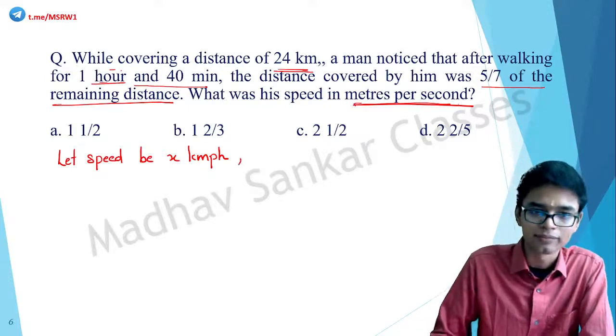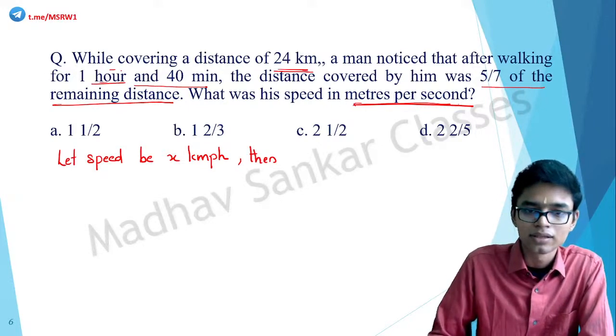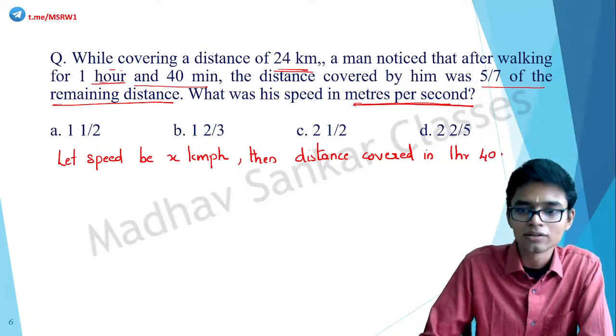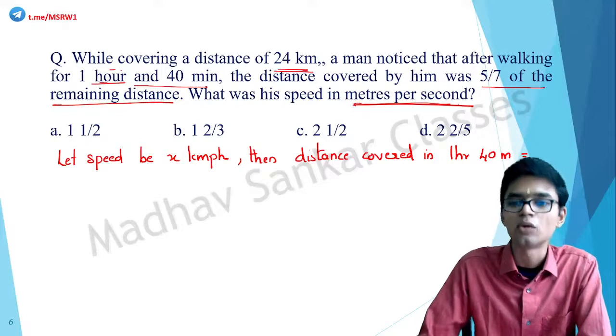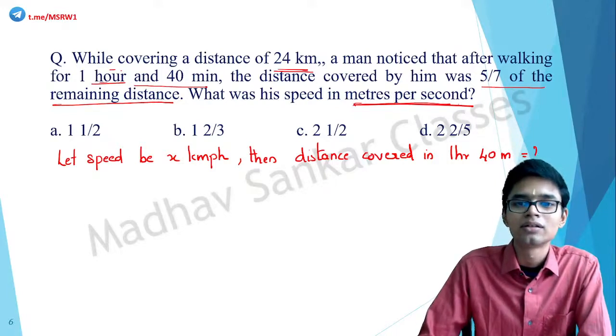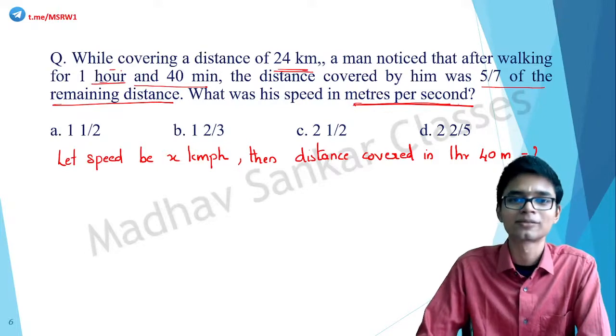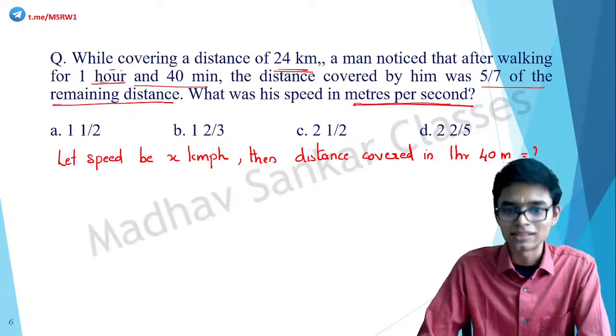Then the distance covered, in how much time? 1 hour 40 minutes, correct? What is the distance covered in 1 hour 40 minutes if the speed is x? Distance is equal to speed into time, correct?